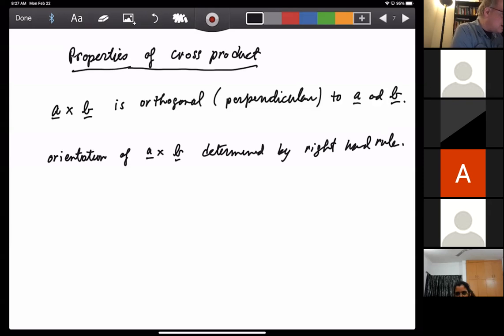And notice that if you reverse these two vectors, there's a relationship: reversing those two vectors actually reverses the orientation.